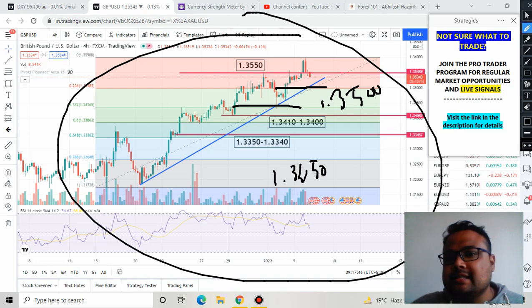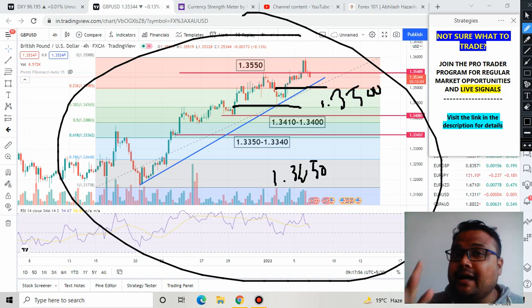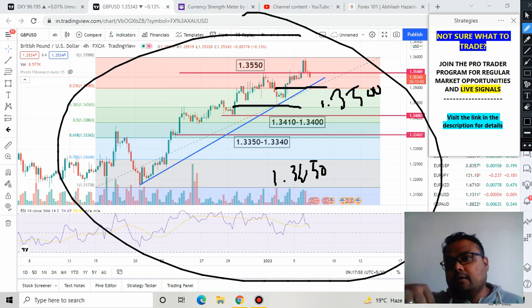You need to exit by 1.3450, and if the market bounces from this level, you can take a buy as well. Previously we have seen price being rejected from this level, so we can hope that price will bounce from this level again. So these are the opportunities on GBP USD right now that I see.